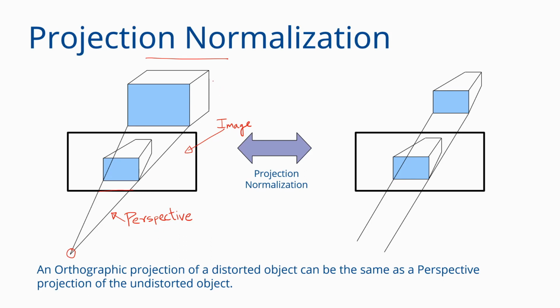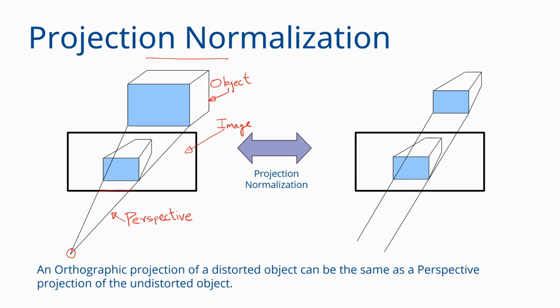So this is your object in the world. I could have taken the perspective projection and directly applied it to the object in VCS.